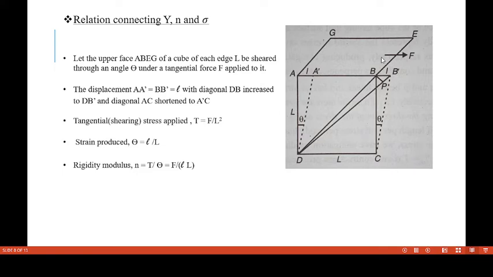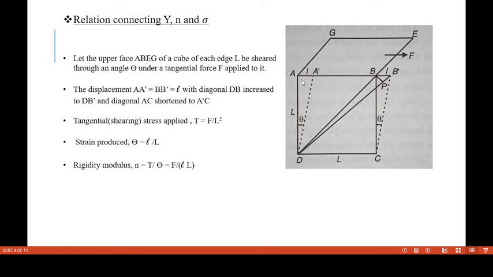Now when this shear happens, or when we apply this tangential force along the upper surface, the diagonal dB changes to dB dash, which is greater than dB. So dB changes to dB dash.